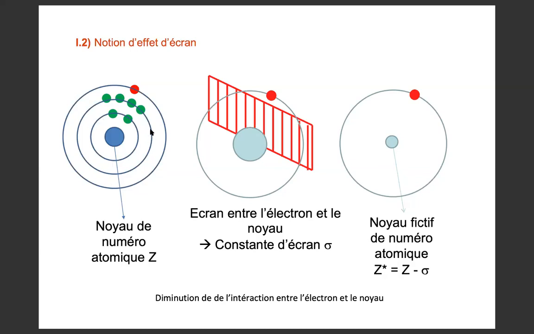So if we want to remove an electron from this orbit, what happens? Because the nucleus possesses energy that gives these electrons their orbit, when we want to remove an electron from its orbit, we are going to find that there is a shielding effect.